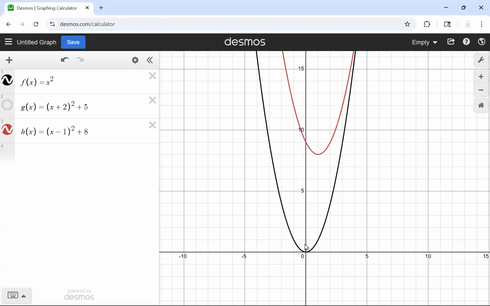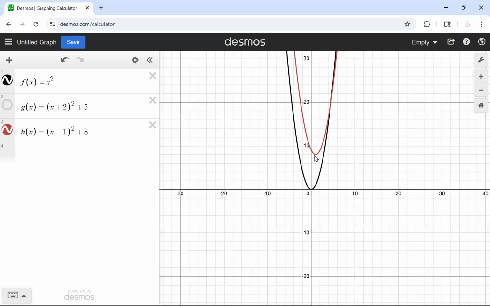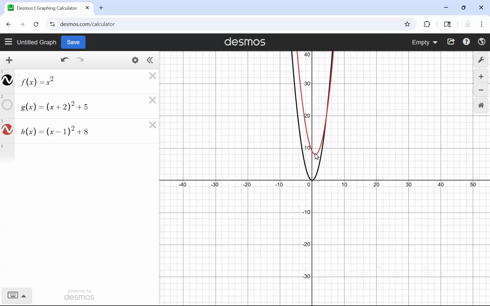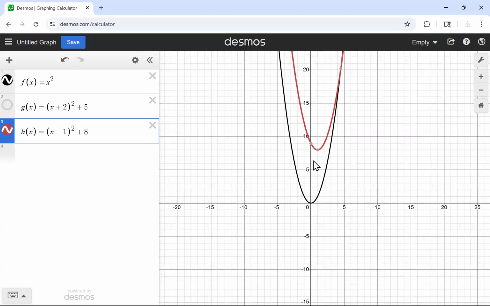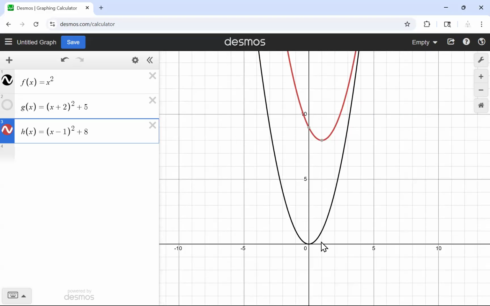And sure enough, there it is. Move right 1, up 8, and then we get to the new parabola. So this red one is just the black one shifted right 1 and up 8. So that's a good check.